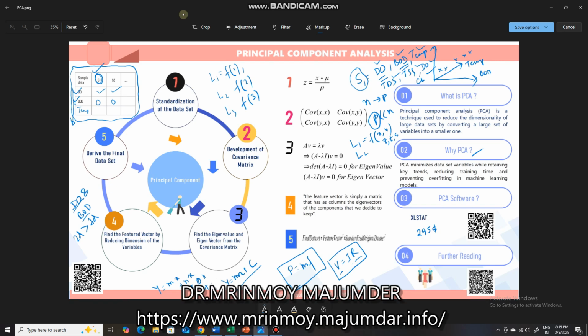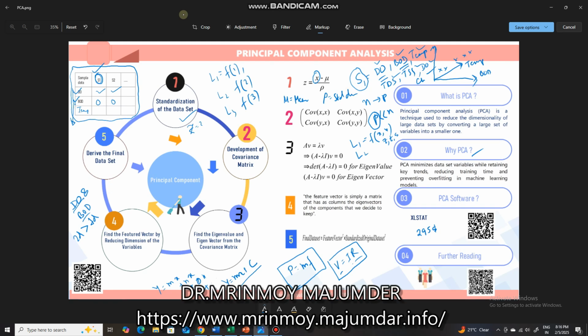Okay, so the first step is standardization of the data set. You have to calculate the Z value. How can you calculate it? If this is your data, then deduct the mean of the data from X, and divide it by the standard deviation of the data. As you know, these are the most common symbols: this is the mean and this is the standard deviation.